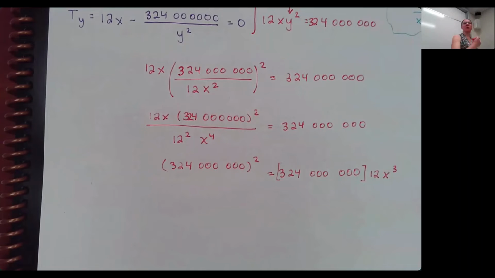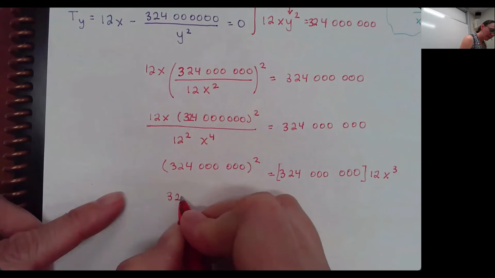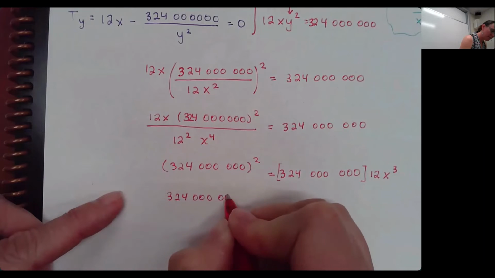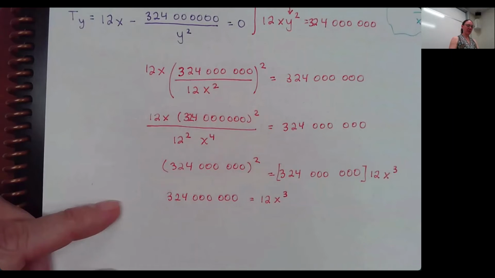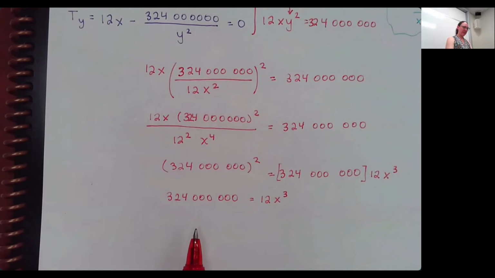I'm going to divide both sides by 324 million. I'm going to divide both sides by 12.